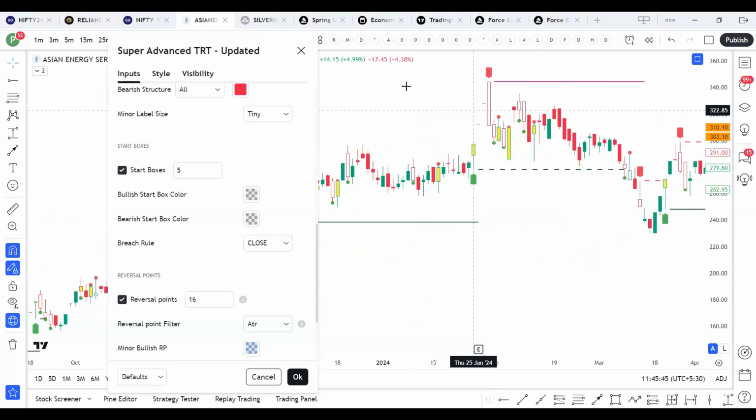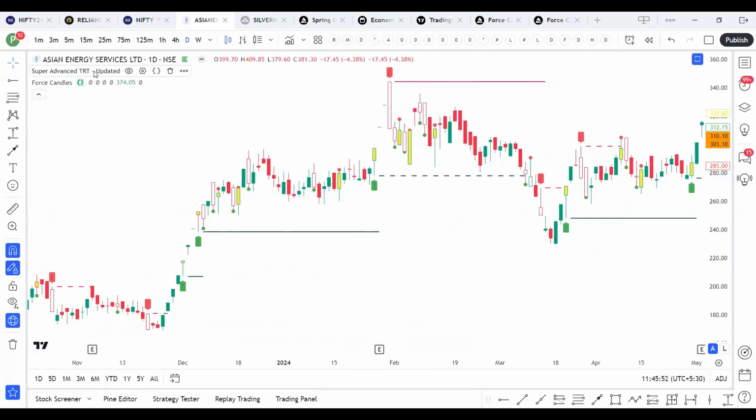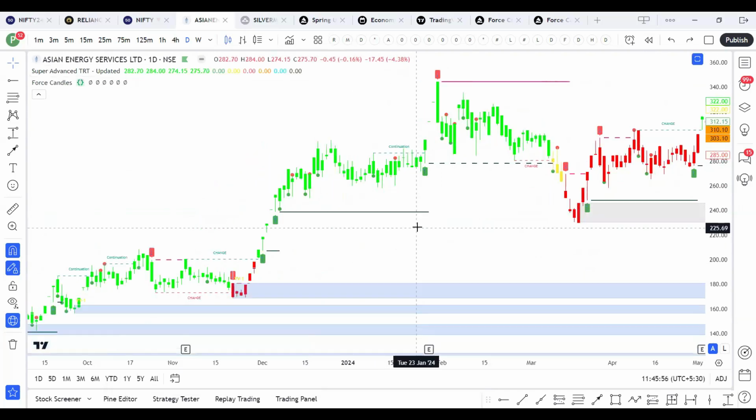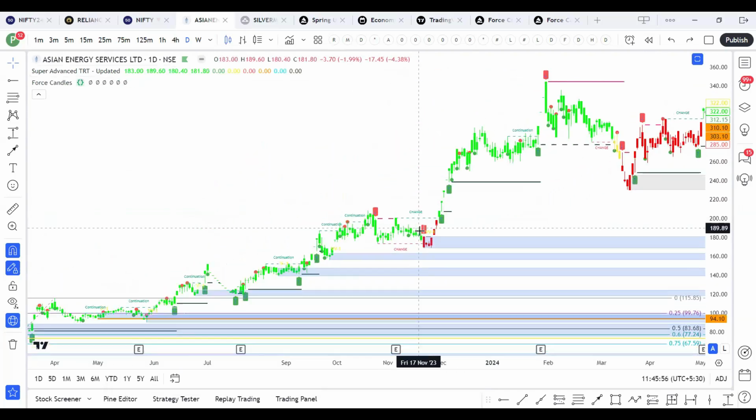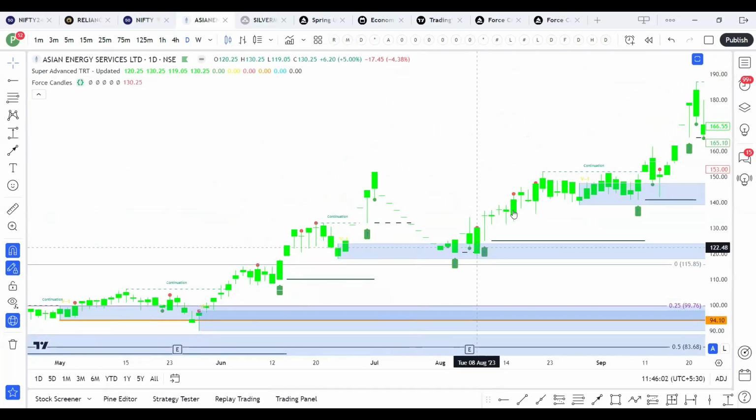It's getting processed, it will come. So it created a buying area, price came down in the buying area, gave entry.